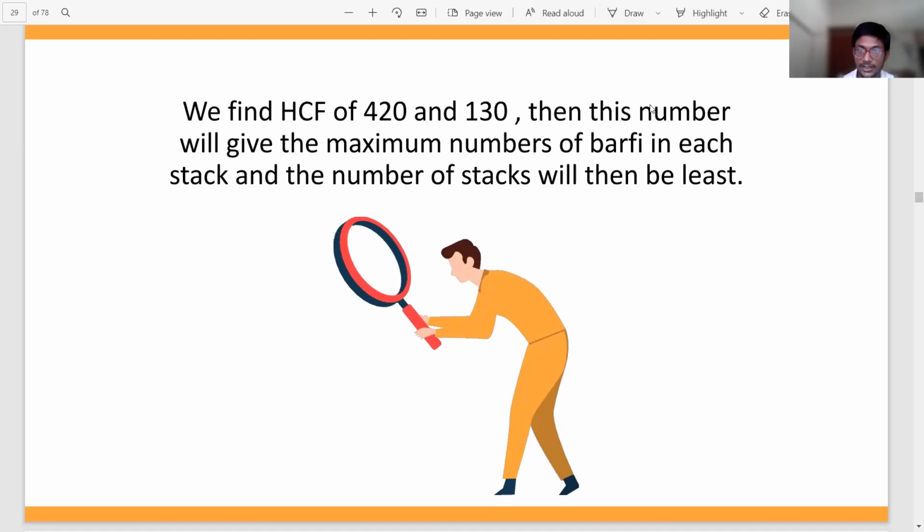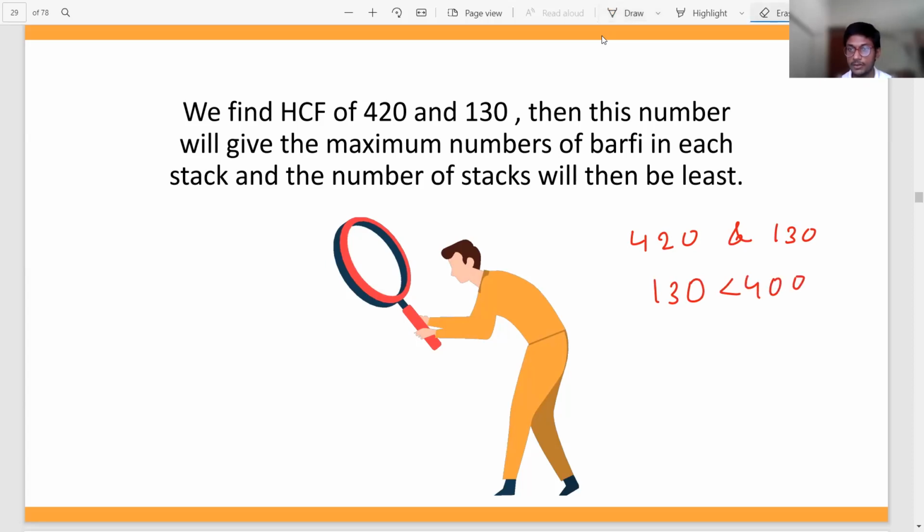So we have to calculate the HCF of 420 and 130. 130 is less than 420, hence we will consider 130 as B and this as A. We will divide 420 by 130.